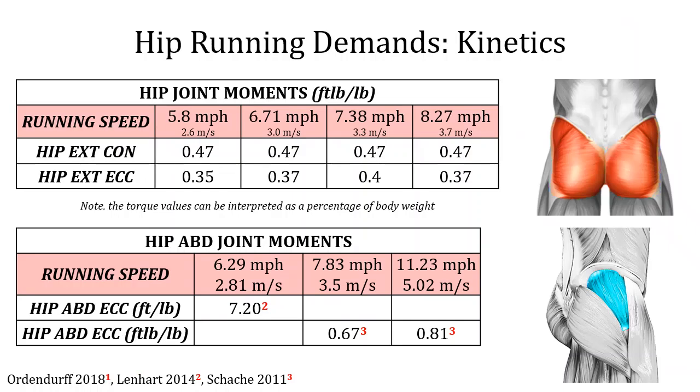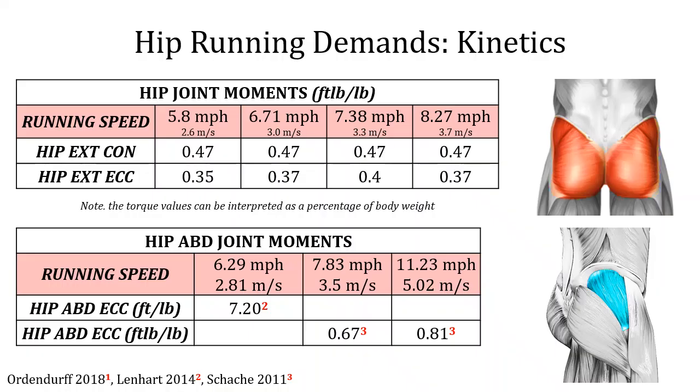When we look at the hip joint moments, this is again looking at force or strength, and this is normalized to body weight. So it ranges for hip extension concentric and hip extension eccentric. The hip flexors really don't have a shock absorption capacity during running.